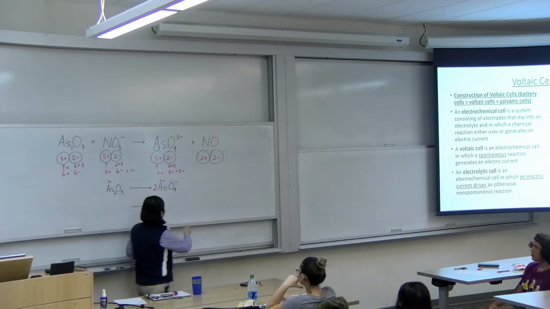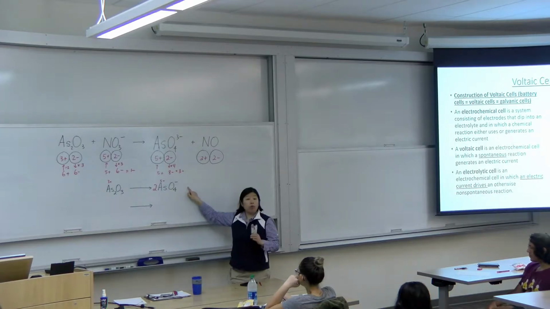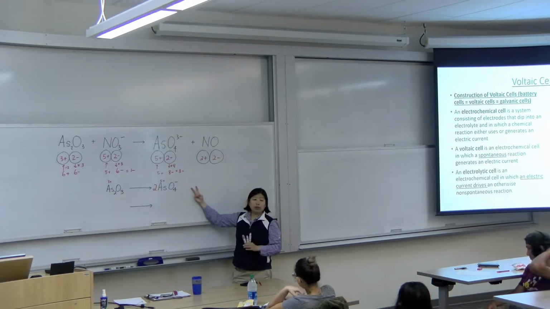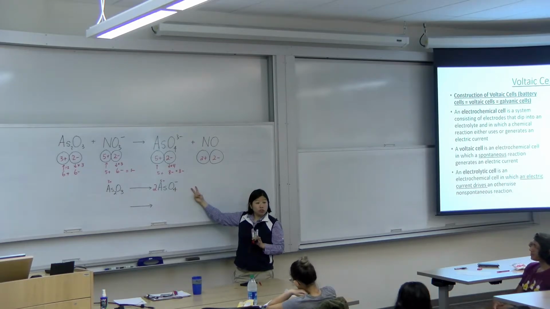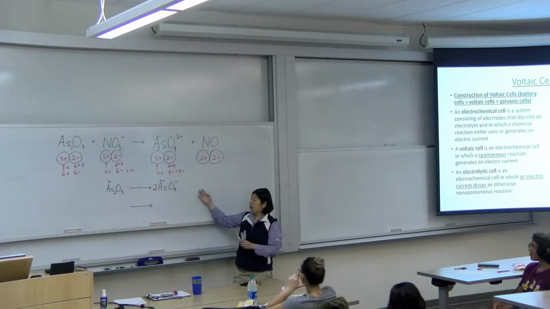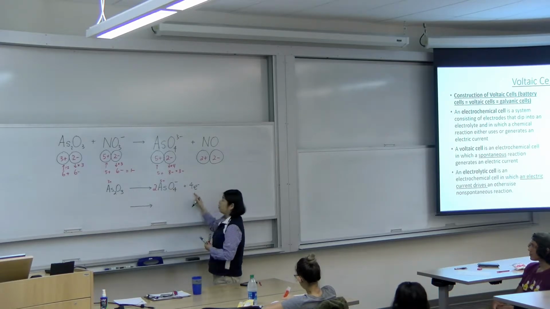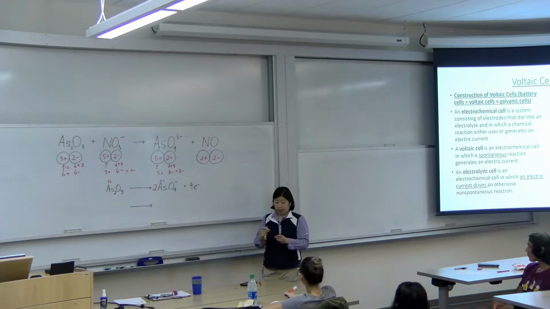I do need 2 electrons here for 1 arsenic. Okay, I need 2. But I have 2 arsenics undergoing this procedure, so it should be 4. Okay, I saw a lot of you didn't have a 4 here.